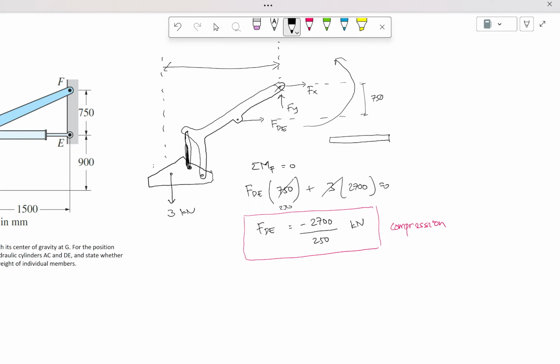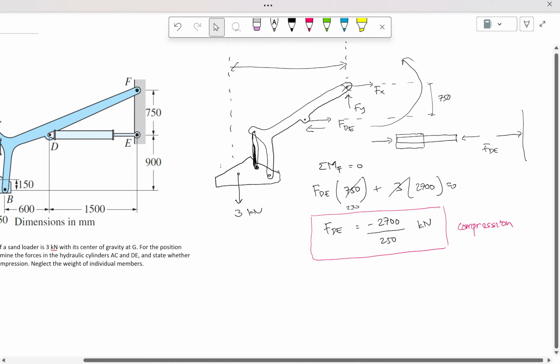This FDE is negative, so with respect to the hydraulic, it is in compression, and then in the wall it should behave like this, with the same force FDE. I hope it's clear. It's pretty simple for this one.